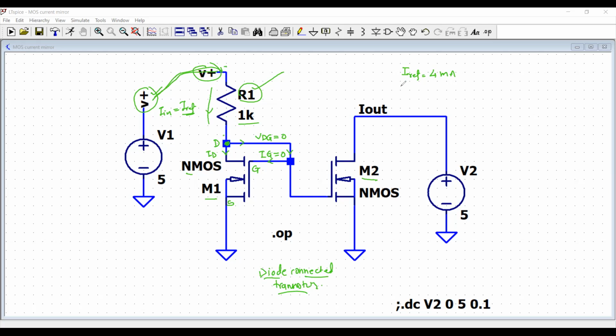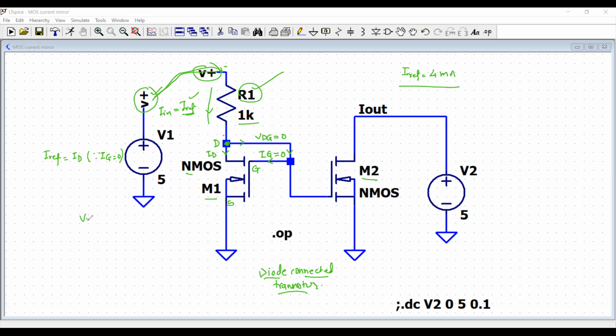So 4 milliampere current is the required one. So this reference current I reference is equal to ID, because your IG is 0. Now I said VDG is equal to 0 because drain and gate are shorted.